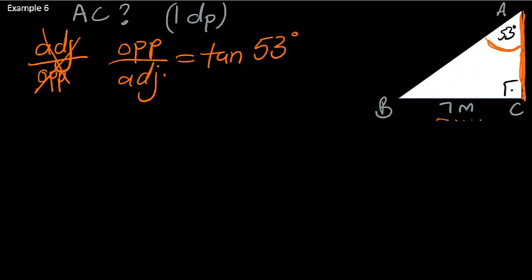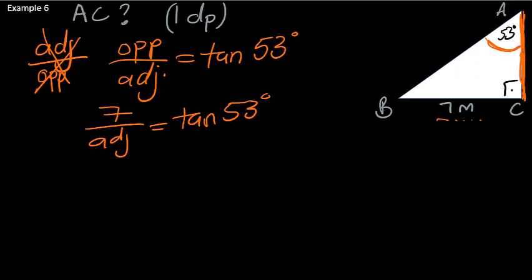Let's substitute values. We know that opposite is 7. So 7 over adjacent is going to give me tan of 53 degrees. I want to get adjacent alone. First, I'm going to multiply by adjacent on both sides, because adjacent is a denominator. I want to get it away as a denominator.